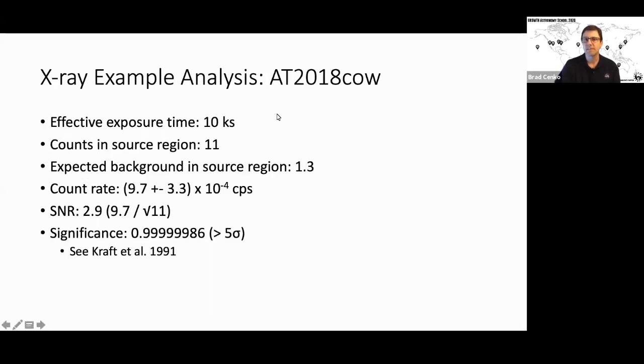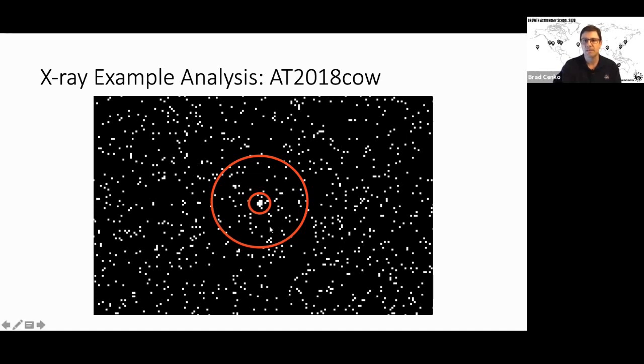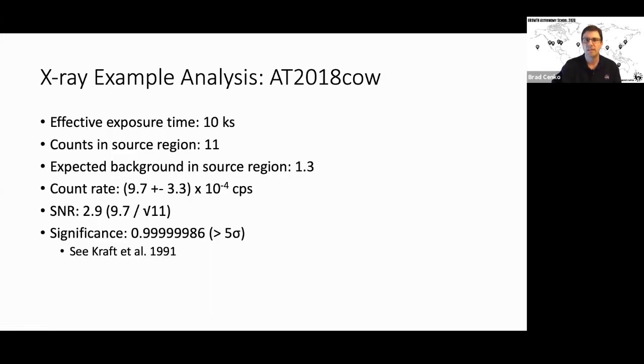So for this specific example, which had an effective exposure time of about 10 kiloseconds, it's hard to see here from this particular view, but if you added up all the individual source counts that were in our region of interest here, you should see 11. You could then, using the larger annulus on the sky, calculate how many you would expect to see in the background region, just due to background unresolved X-ray sources, solar flux, charged particles from the sun flying around the solar system.